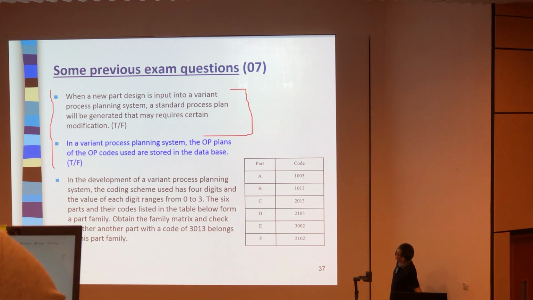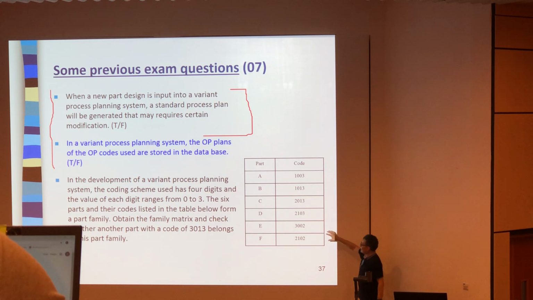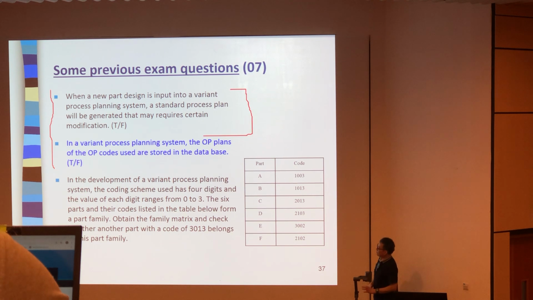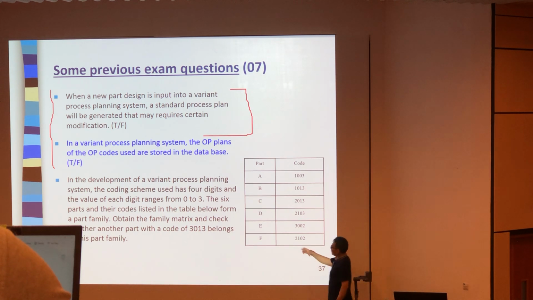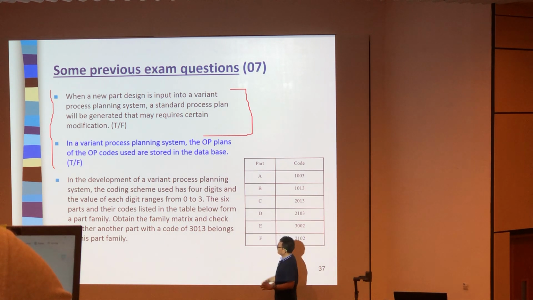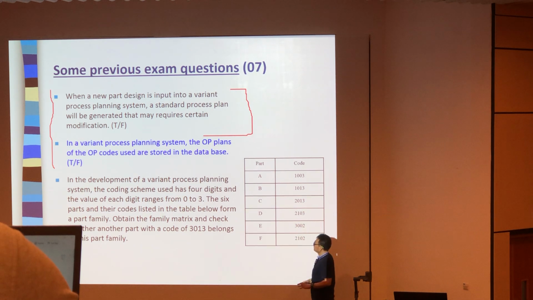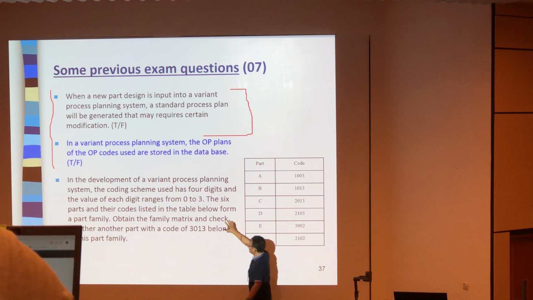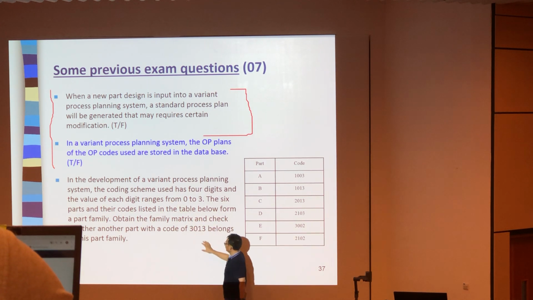Okay, number 3. We identify these parts as belonging to the same part family in a variant system. The value is 0 to 3. The 6 parts are listed here. And to obtain the family matrix, that's one method I showed you already.